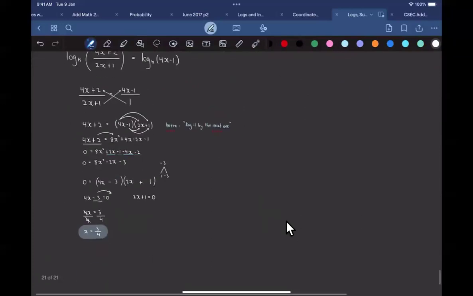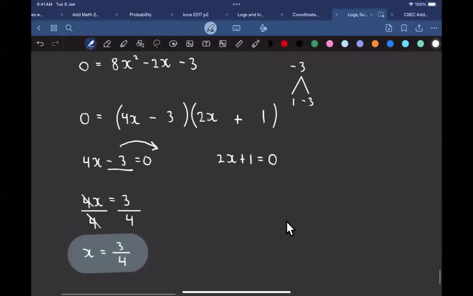Big time. Yeah. Right? And Kiara, help me with the other one. So does this have x in it? No, so it will be 2x equals minus 1, because it's a positive x, right? And then that will be 2x divided by 2.